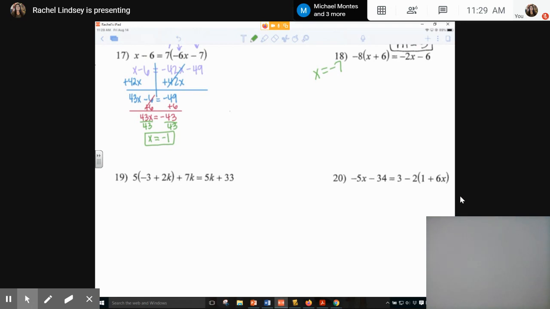Three of the same. So we're still going to treat it like normal. First, we're going to distribute that 5. So 5 times negative 3, negative 15. 5 times 2k is 10k. Then bring down that 7k, and bring down the 5k plus 33.